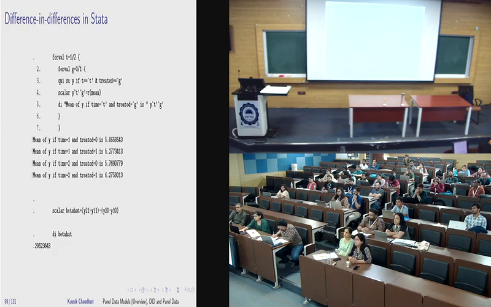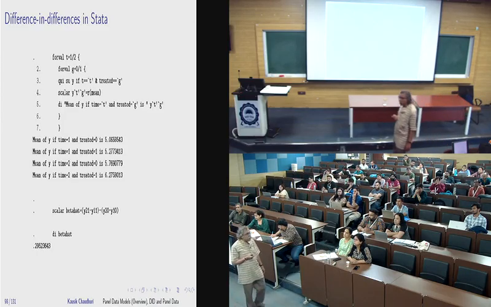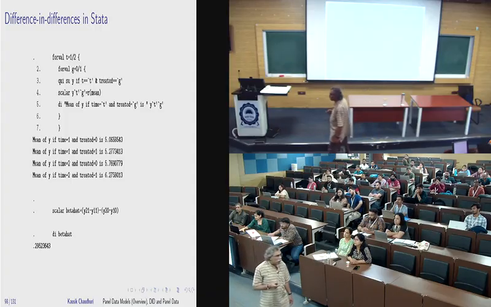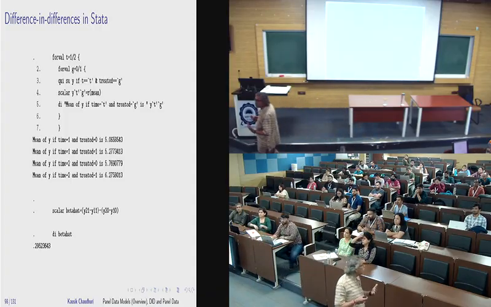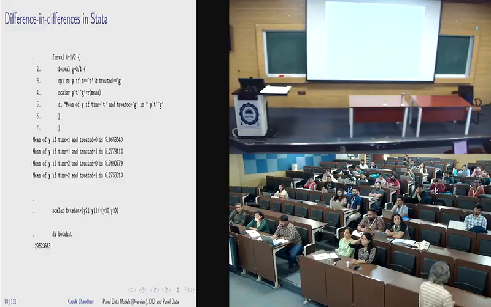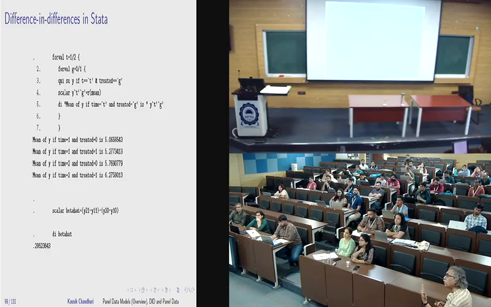Difference in differences in Stata, right? So what I do, I start looping over t equal to 1, 2. Then I have g, which is the treated versus the control, 0, 1. I basically summarize my y by quietly summarize if t is equal to t and treated is equal to g, and then I calculate the mean.